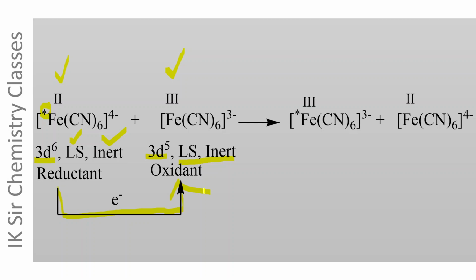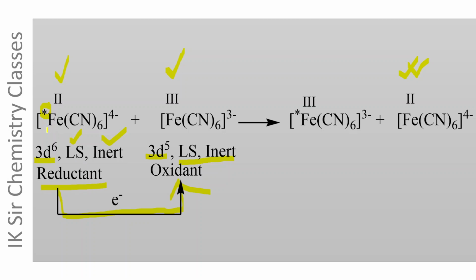Here Fe3+ is reduced to unlabeled Fe2+, and hence [Fe(CN)6]4- acts as reducing agent or reductant.